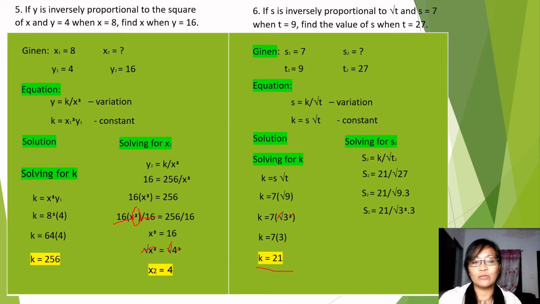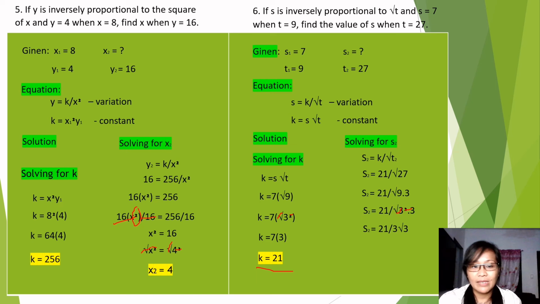S sub 2 is equal to 21 all over square root of 3 squared times 3. Then we're going to move out the perfect square. So cancel the radical sign and the square. Therefore, we have s sub 2 is equal to 21 all over 3, and the not perfect square is still inside the radical sign.